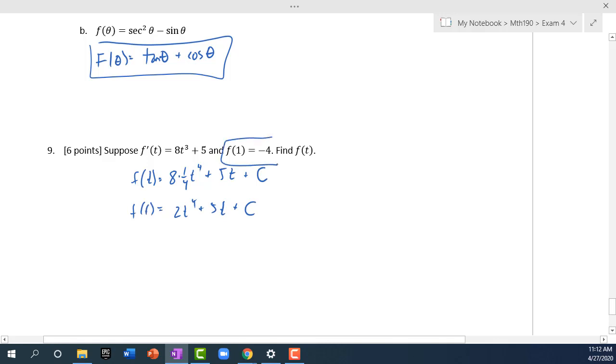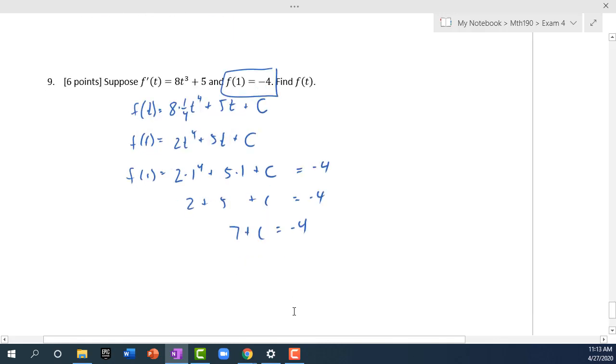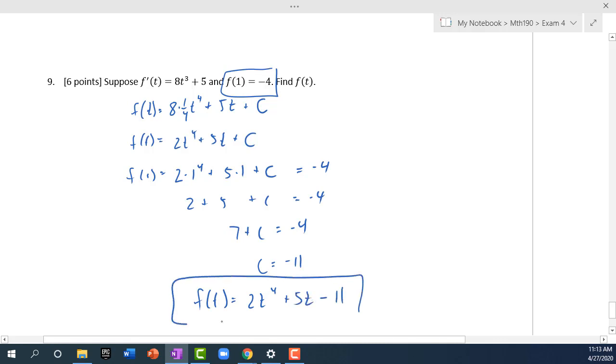And then we know that f of 1 is negative 4, so f of 1 will be 2 times 1 to the 4th plus 5 times 1 plus c, and that should be negative 4. So 2 plus 5 plus c is negative 4, 7 plus c is negative 4, and so c is equal to negative 11. So we have our f of t now. It is 2t to the 4th plus 5t minus 11.